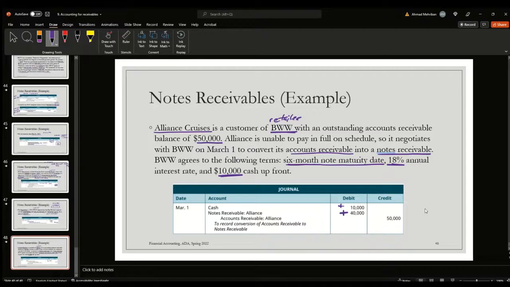And accounts receivable will be closed because we converted these accounts receivable into notes receivable. Therefore, we close this accounts receivable account through credit. That's it, it's as simple as that. I hope you understand this logic and how to record and treat notes receivable in the future.